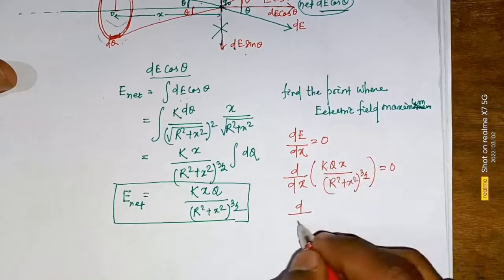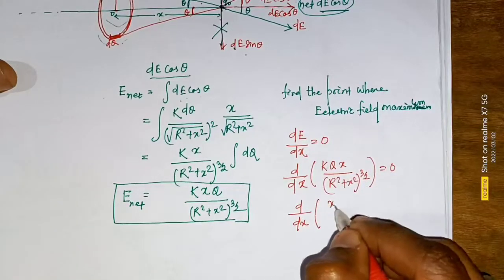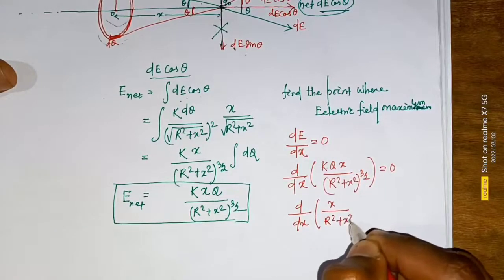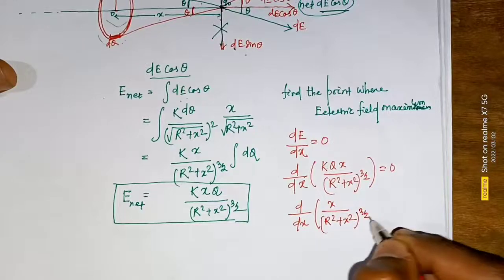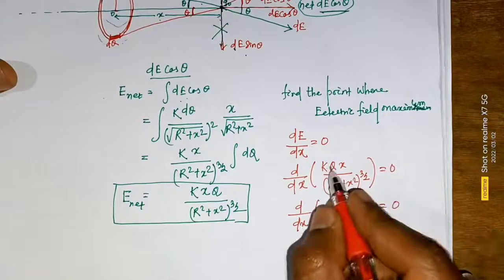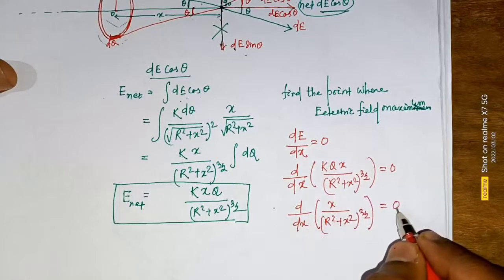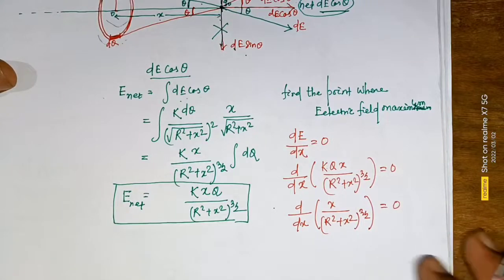K and q are constants, so d upon dx of x upon (r square plus x square) whole to the power 3 by 2 equals 0. These constants are outside, and making this side 0, this thing is 0.